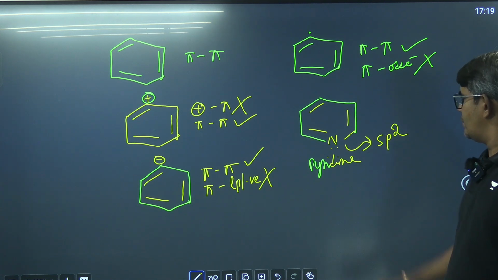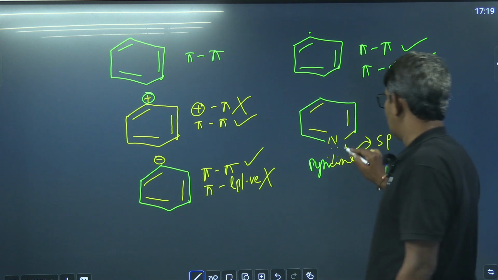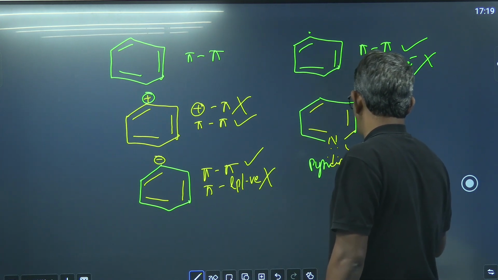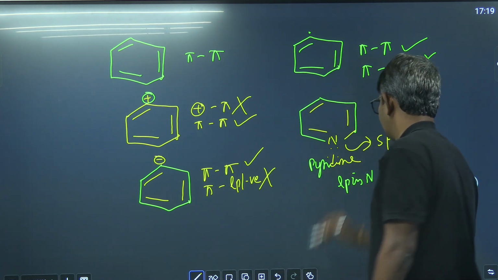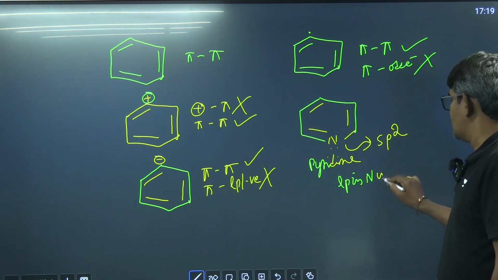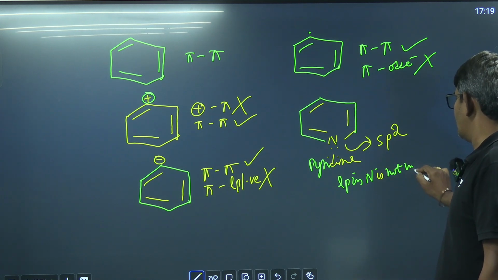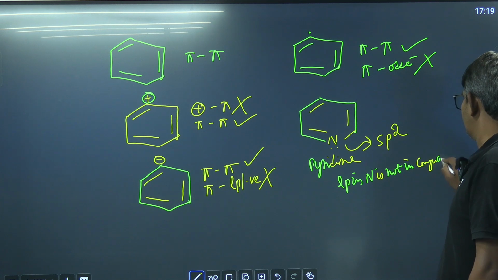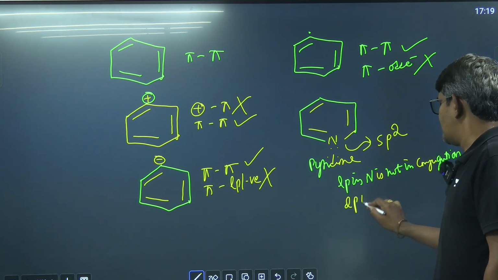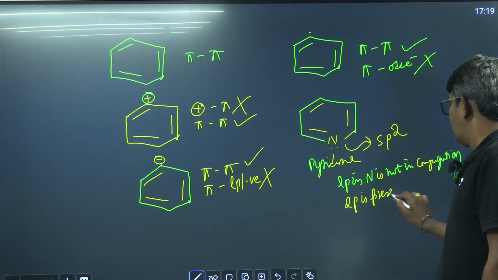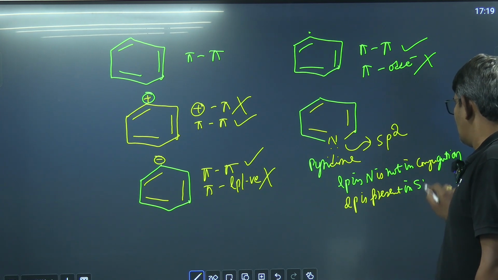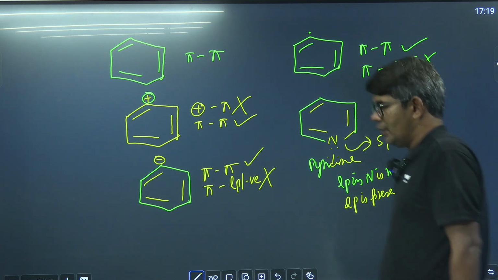When is it sp2? Only when the lone pair in nitrogen is not in conjugation. The lone pair is present in the sp2 hybrid orbital.